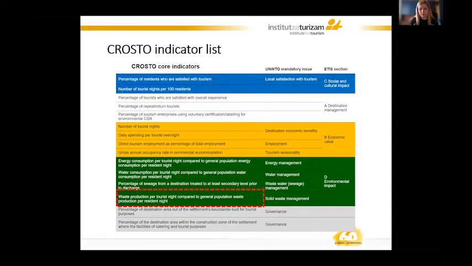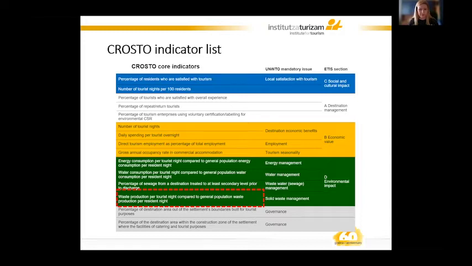Shortly, in the study we have established 15 indicators we are going to measure. Of course, due to UNWTO mandatory issues and ETIS actions, we have picked out those that are comparable for us and that are, let's say, reasonable to measure. When considering waste, we have picked out the waste production per tourist night compared to general population waste production per resident night.